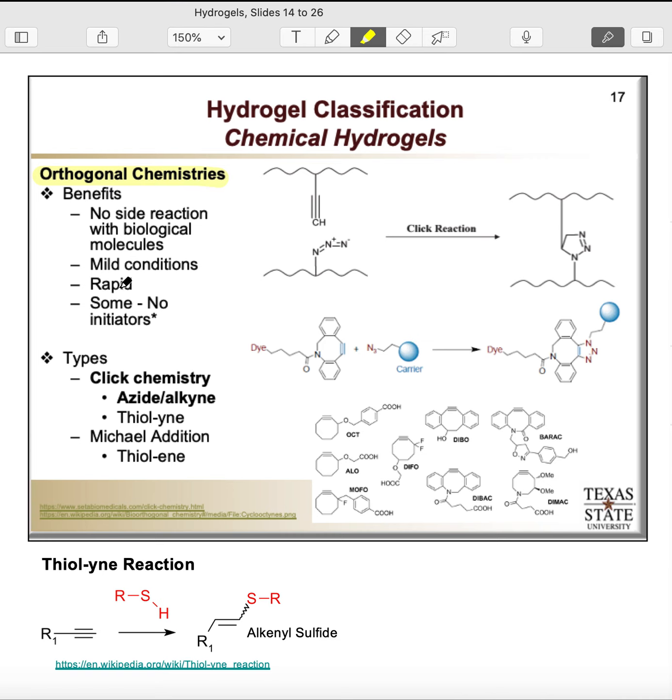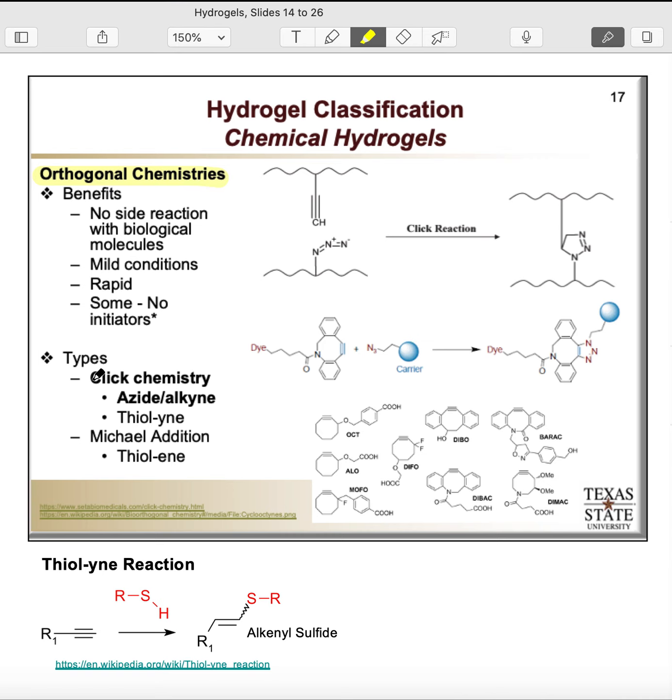These reactions tend to be rapid, and most of them don't need initiators, and so they're basically biocompatible chemistries that are orthogonal in that they occur, but they don't interact with what's already there. There are several types of orthogonal chemistries.